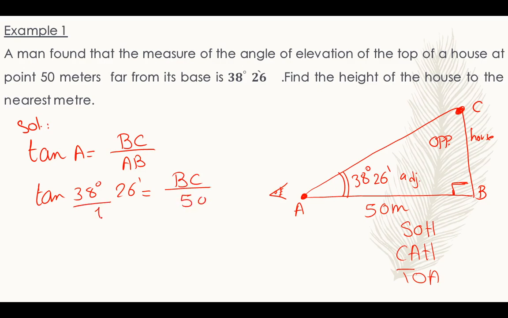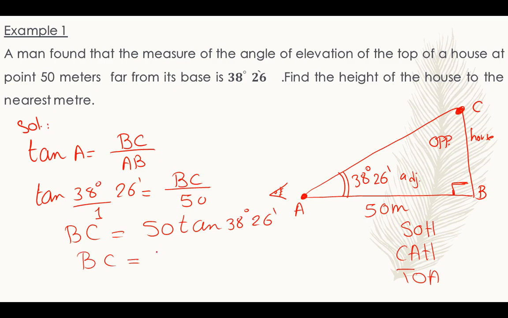By cross multiplication, BC equals 50 multiplied by tan 38 degrees and 26 minutes.